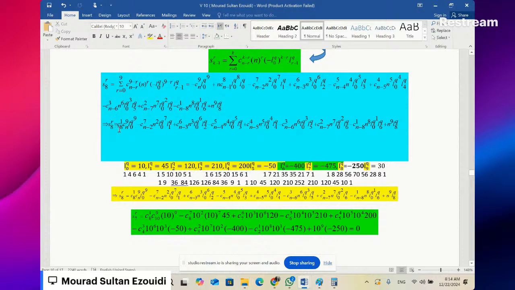S8 for the R equals combination 8 to 1 times combination n to 9 for any n degree from equation. That's why here it's written times L0.2 raised to the power 9 minus combination n raised to the 7 n squared and L0.2 raised to the power 7 times L1 plus combination n minus 2 to 6 n raised to the power 3 times L0.2 raised to the power 6 times L0.2 minus combination n minus 4 to 5 n raised to the power 4 times L0.2 raised to the power 5 times L3.2 plus combination n minus 5 to 4 times n raised to the power 5 times L0.2 raised to the power 4.